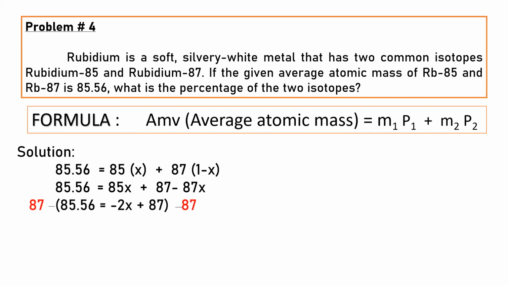So 85.56 equals negative 2X, we get it from 85X plus negative 87X. So this is negative 2X plus 87. Subtract both sides by 87. So you will have 87 minus 85.56 equal to negative 2X plus 87 minus 87.